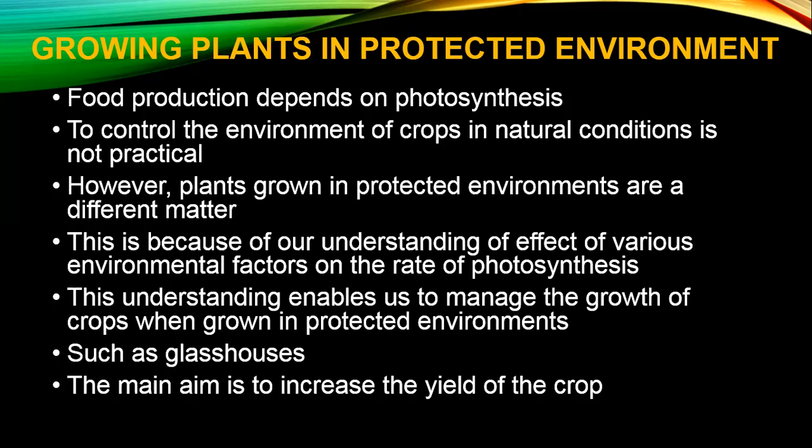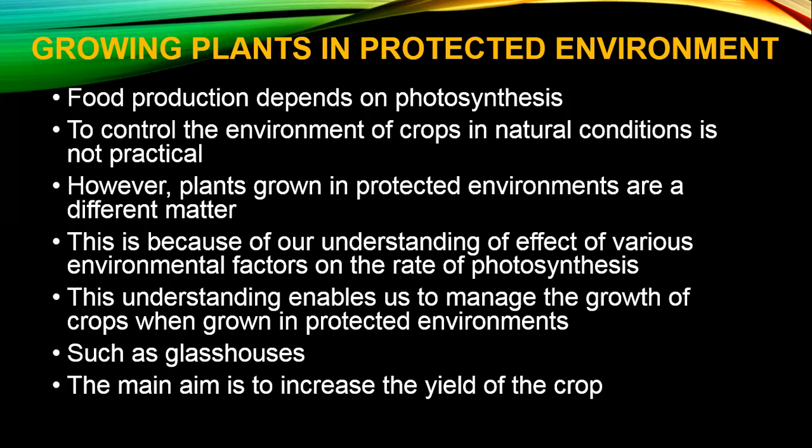So this food production depends on photosynthesis, and we know that photosynthesis is affected by many factors. For example, we have already discussed light intensity, wavelength, temperature, carbon dioxide concentration, etc.